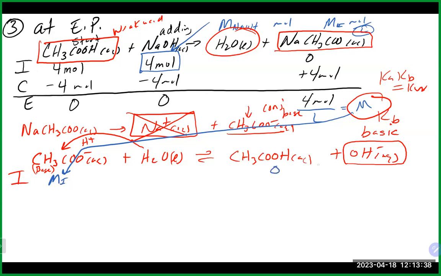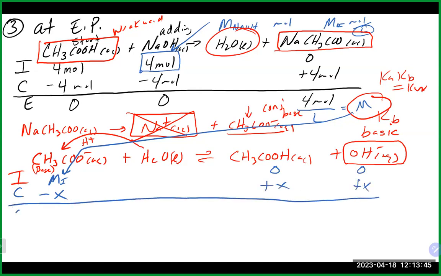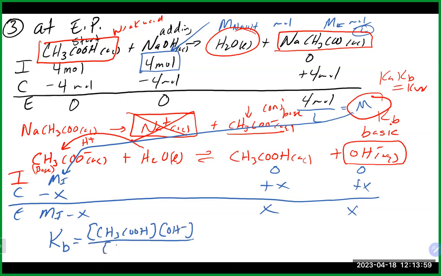The rest of this will be zeros and x's. This is going to go into the Kb value, not the Ka. And once again, at this point, you would use the proper Kb value.